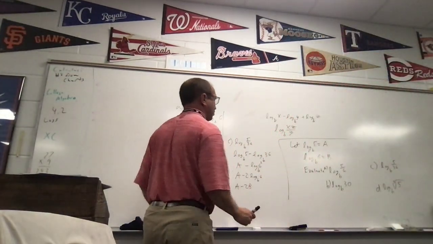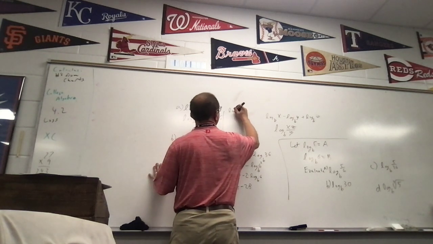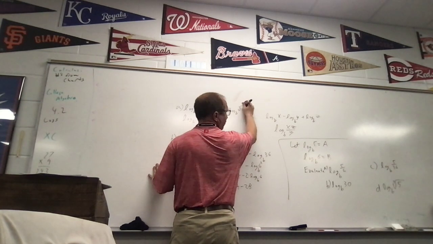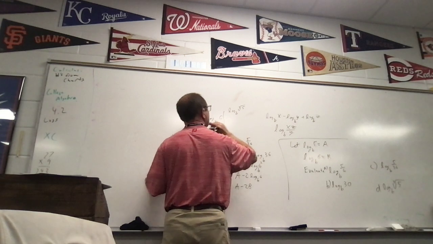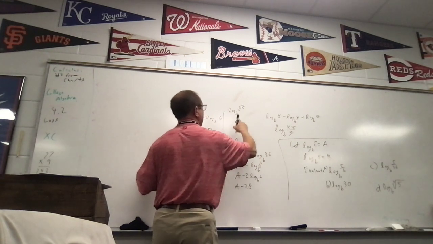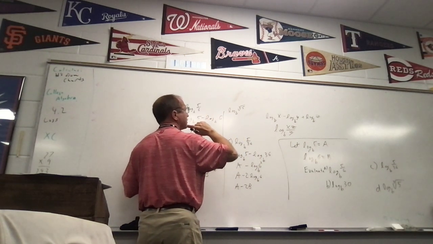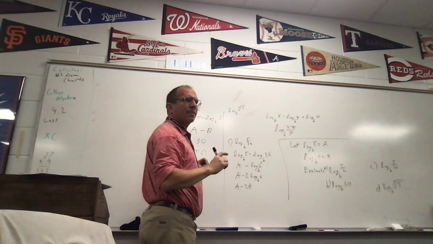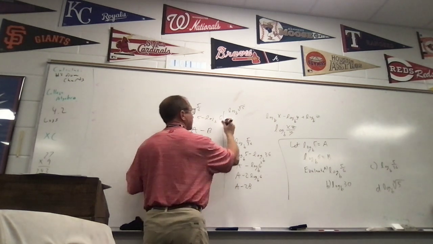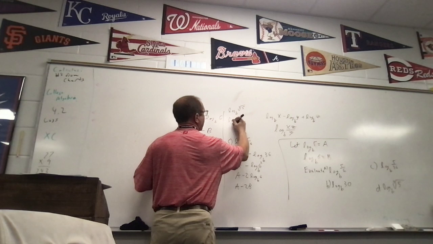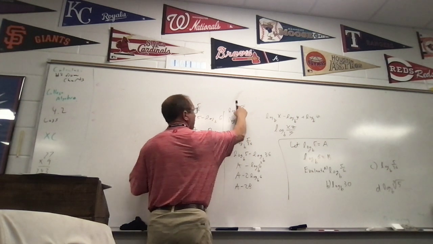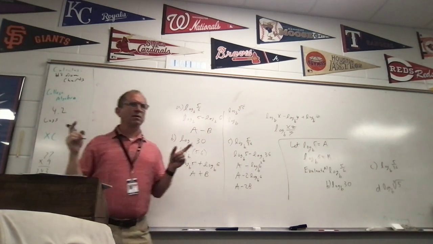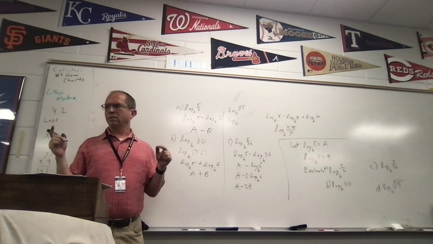All right, now on to the log base b of the cube root of 5. Well, what do we know about the cube root of 5? How do we rewrite the cube root of anything as an exponent?